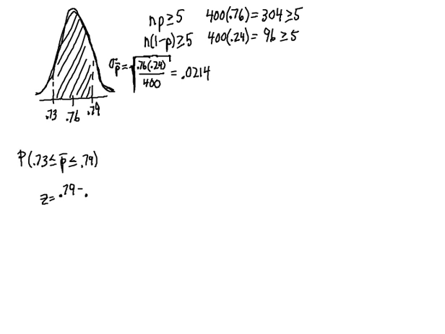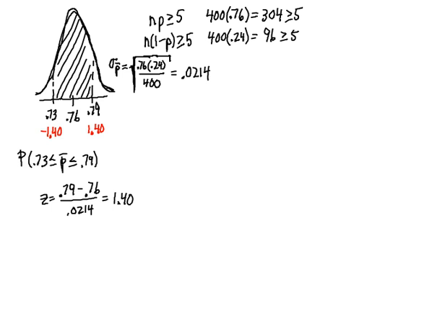So I'm going to subtract the 0.76, divide by the standard deviation of the sampling distribution, also called standard error, and I get 1.40. So the 0.79 has a z-score of 1.40. And the 0.73, since it's the same distance and I have symmetry, is a negative 1.40.